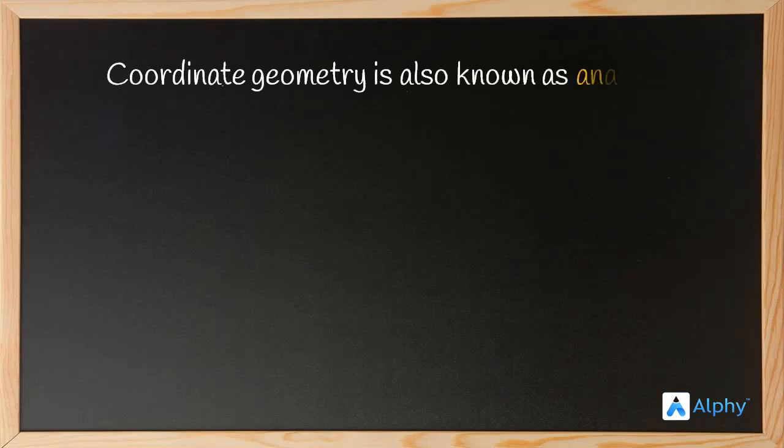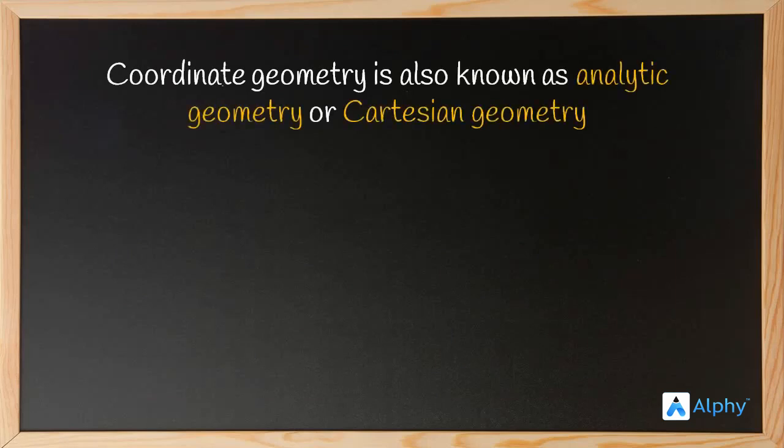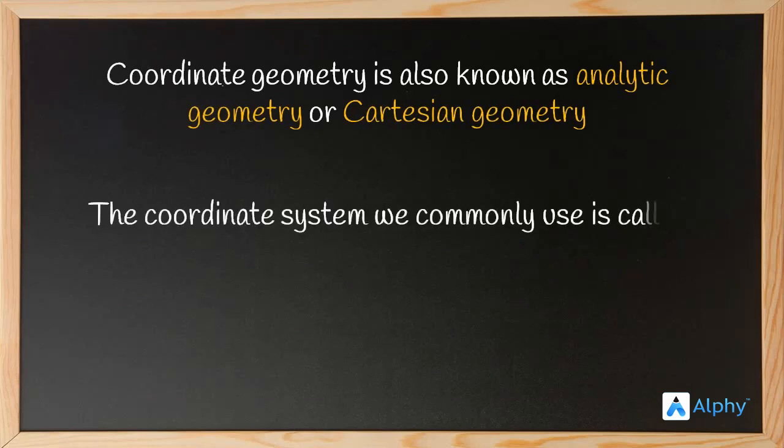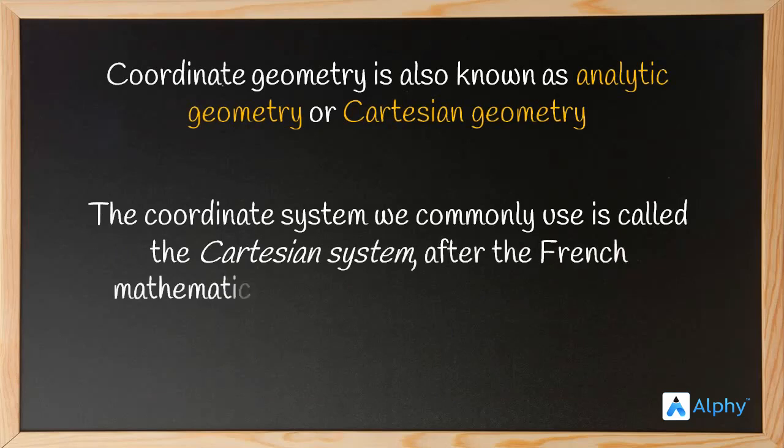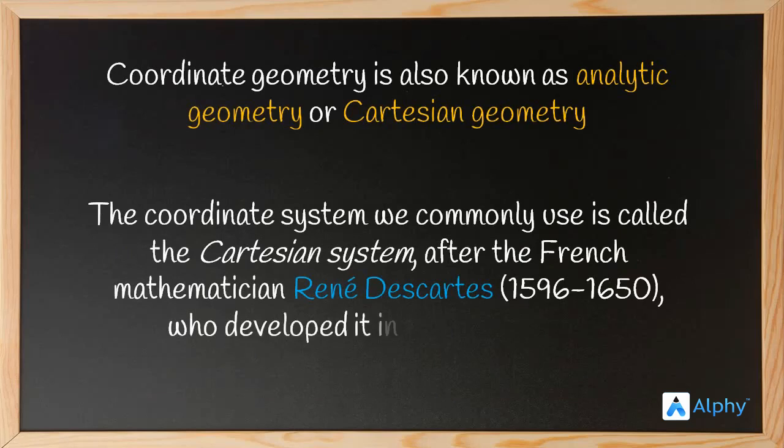Coordinate geometry is also known as analytic geometry or Cartesian geometry. The coordinate system we commonly use is called the Cartesian system after the French mathematician René Descartes, who developed it in the 17th century.